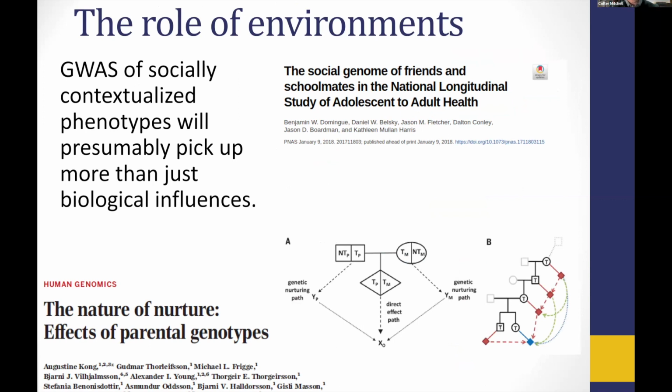A slightly different role is examining how it is correlated with or interacts with the environment. So it's probably not surprising to any of you that if you were to conduct a discovery analysis, like a GWAS, as we were saying before, and that outcome variable, like education, is actually socially driven or socially contextualized, that when you start doing these analyses, it won't just pick up biological underpinnings of education, but it'll pick up some of the social correlates as well.